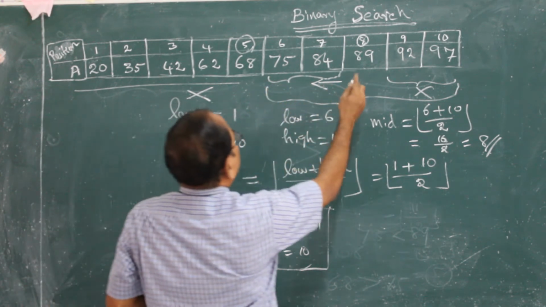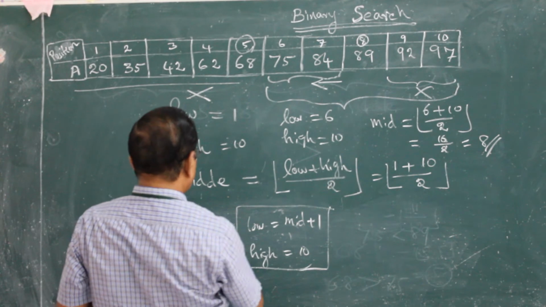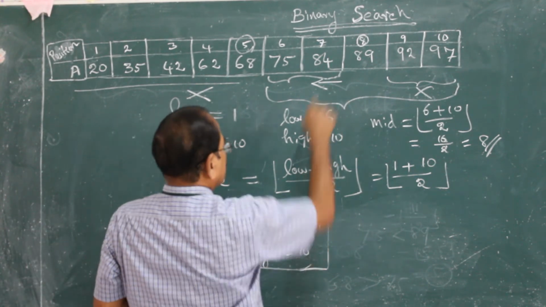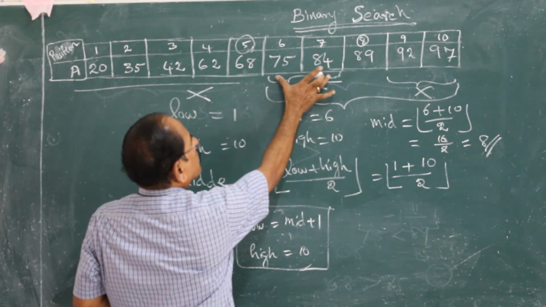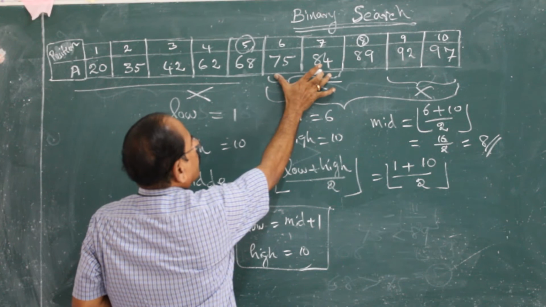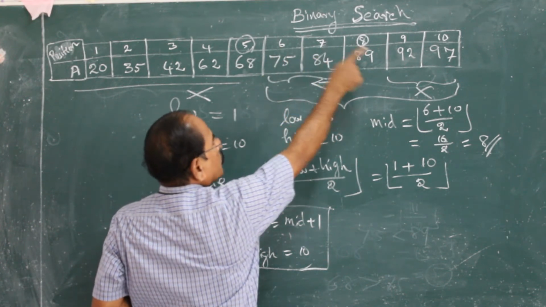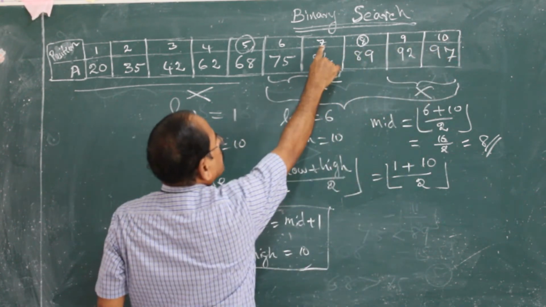Now you see here, the mid position is 89, our searching element is 75. 75 is lesser than 89. Now the portion is only this one. In this portion, the low position is the same, but the high position differs from the previous one. Previous one is 10. Now the high is 7.